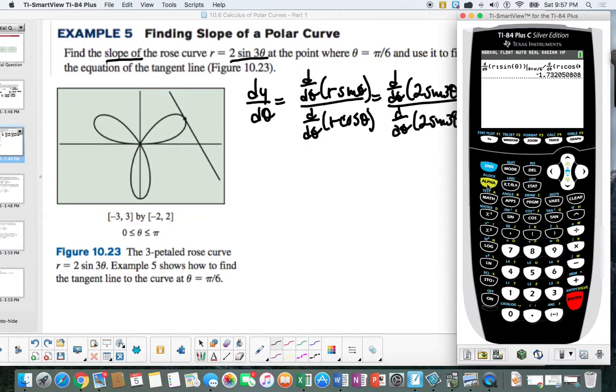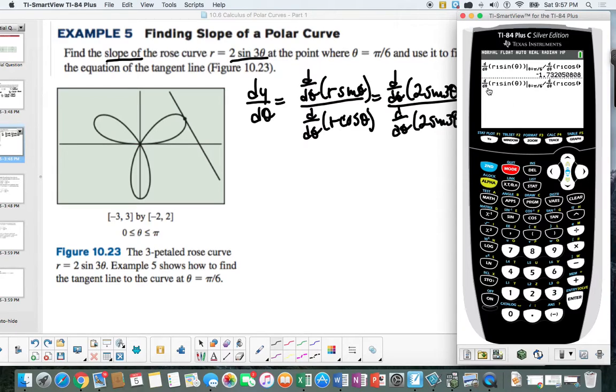So I'm going to go ahead, second entry, and I'm going to show you how I set it up. I use the derivative key, and in y equals, I have the 2 sine of 3 theta.